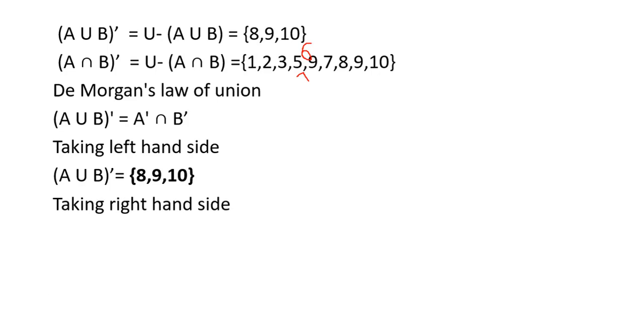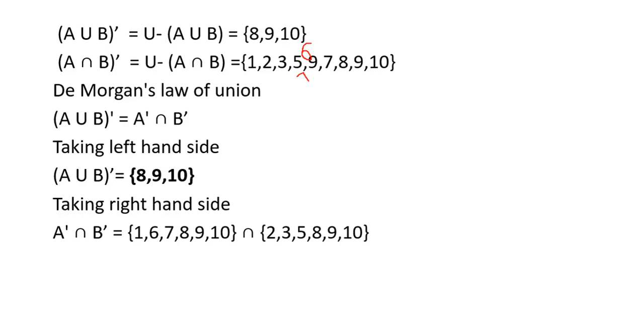Now taking the right hand side, we have A complement intersection B complement. I put down the answers that I calculated earlier for A complement and B complement, and now I am taking the intersection of these two sets. The result that I got is the set with elements 8, 9, 10.